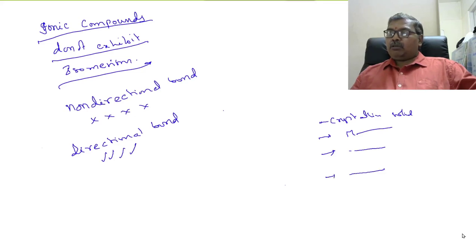Ionic compounds are good electrolytes in the molten or fused state and also in aqueous solution. Reactions between ionic compounds are very fast, instantaneous. Ionic compounds do not exhibit isomerism. Ionic bond is a non-directional bond. So these are the important characteristic properties of ionic compounds.